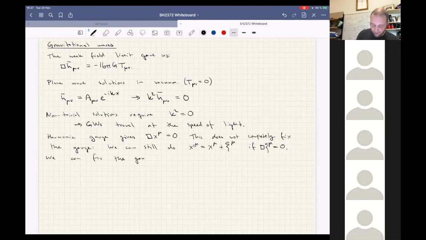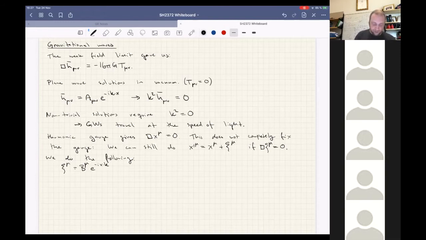Or now let's put it this way instead. We do the following gauge transformation. Specifically, we let xi mu be some amplitude multiplied now by the same kind of wave phase as we had for the gravitational wave itself.